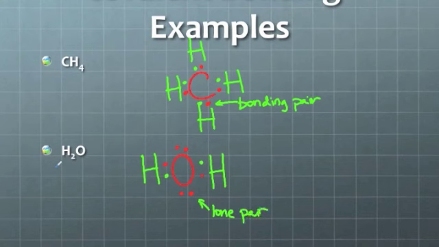A lone pair, also known as a non-bonding pair. These are electrons that are just hanging out. They're not involved in any kind of bond, but they're still there. So water has 2 lone pairs of electrons.